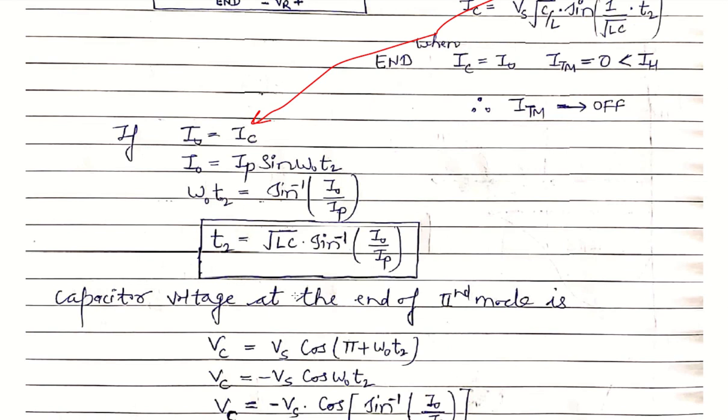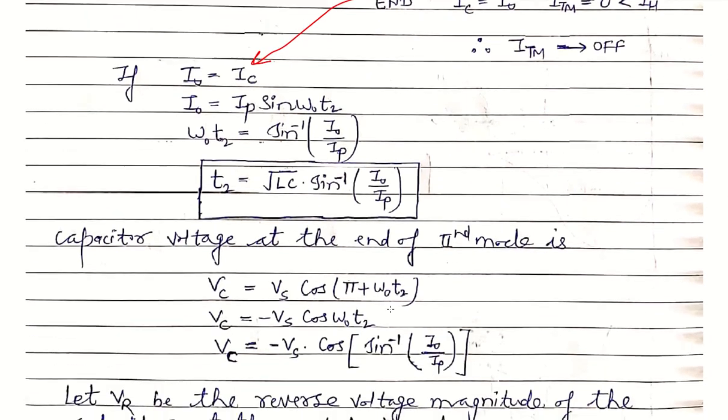What is the capacitor voltage at the end of the second mode? So the capacitor voltage is Vc equals Vs cos, because if we integrate this IC expression, it will be a cosine expression. So Vc equals Vs cos of pi plus omega naught T2, because after this the current will cross pi. So Vc equals minus Vs cos omega naught T2, since cos of pi plus theta equals minus cos theta.